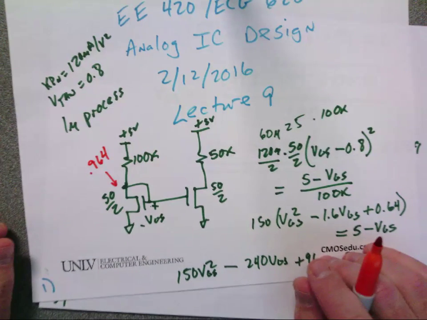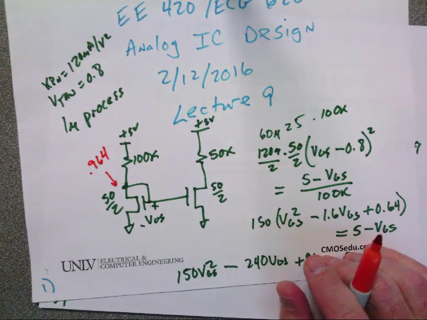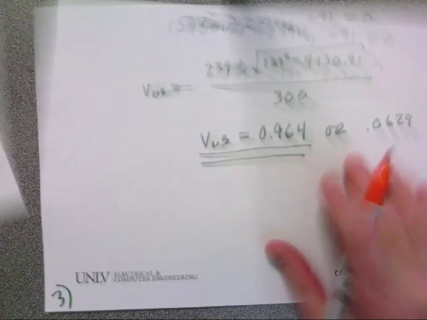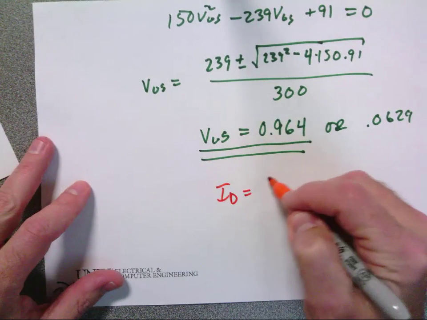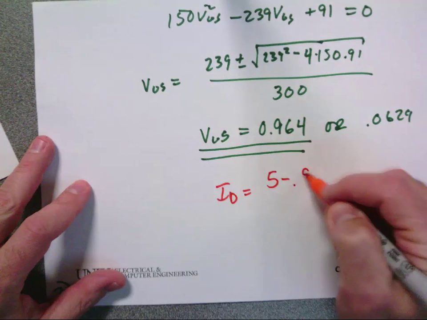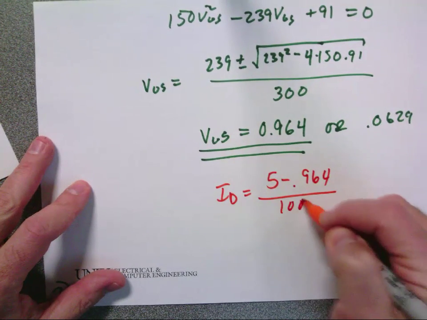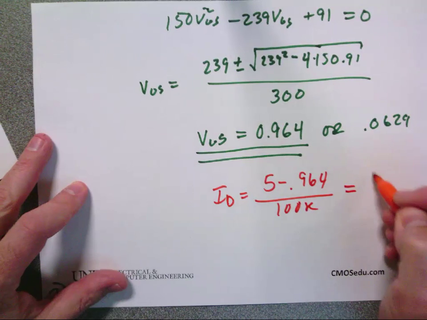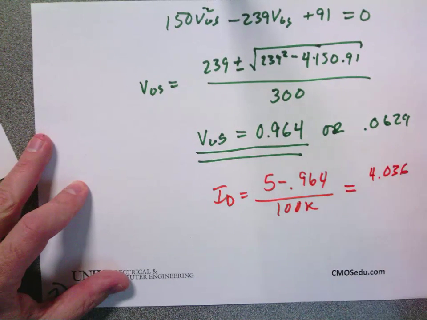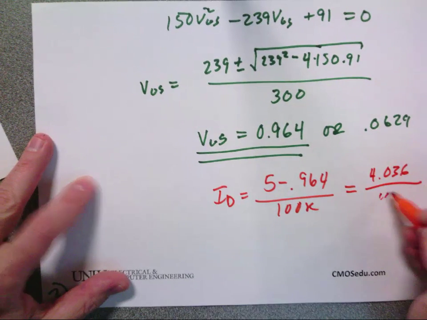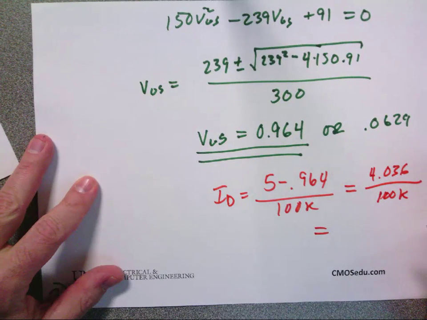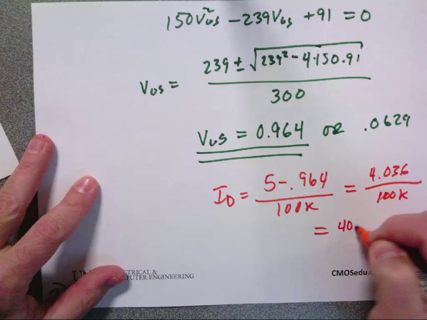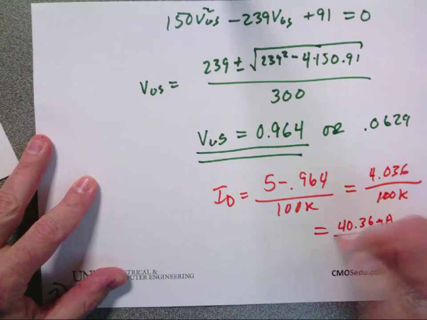That's a little bit more calculation. I mean, you'll get the same answer. It's just more work. So we say, oh, ID equals 5 minus 0.964 over 100K, which is 4.036 over 100K, which is 40.36 microamps.